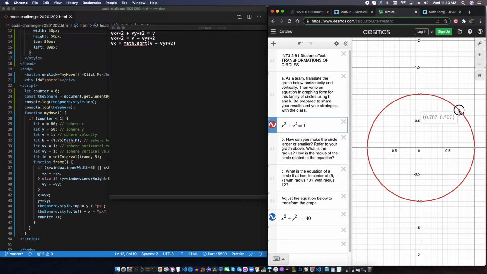There we go. So the cosine of 45 degrees is the first number, 0.707. And then the sine of 45 degrees is equal to the cosine of 45 degrees, 0.707.